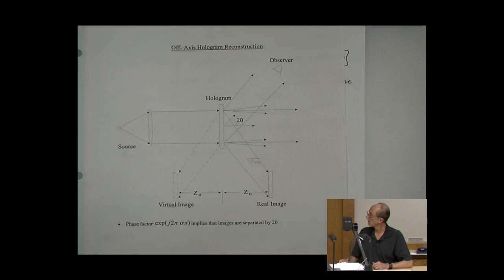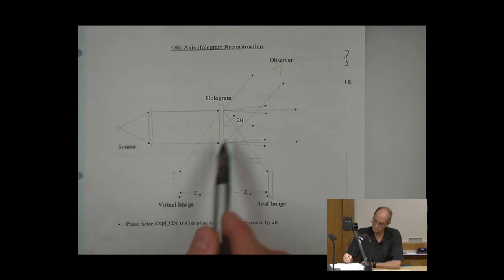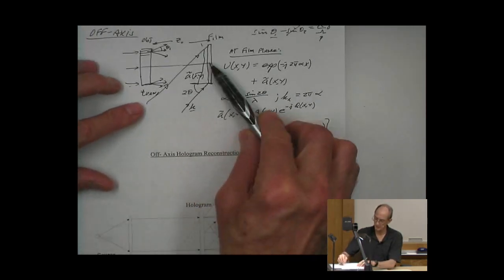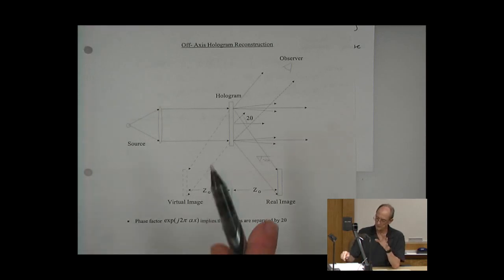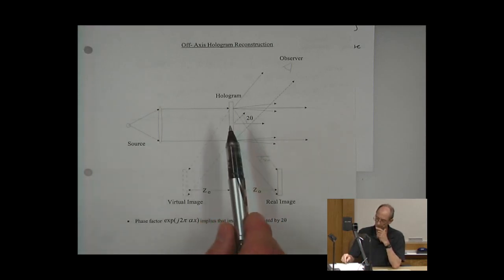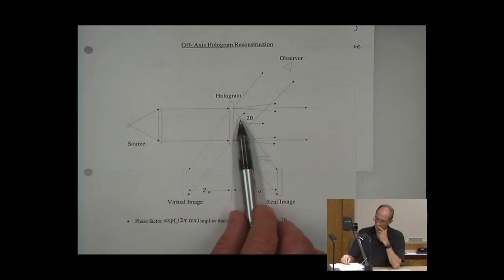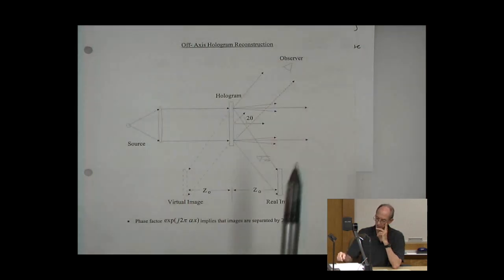Okay, so I drew this out a little more neatly here so you can see what's going on. So here, in the construction, we had the reference beam coming in at an angle, all right? But for the reconstruction now, we'll do this a little differently. So we're going to come in with a normally incident plane wave into the hologram rather than an off-axis plane wave.